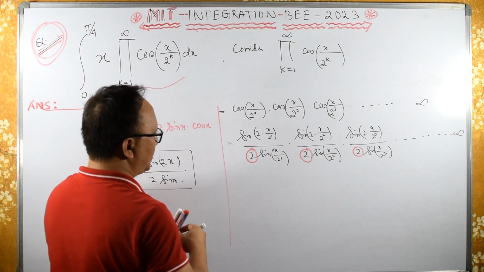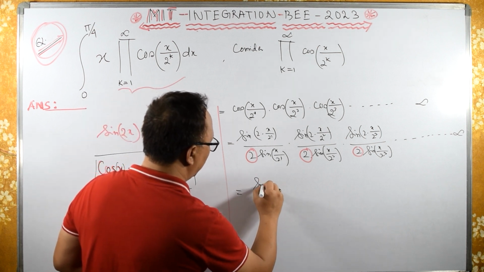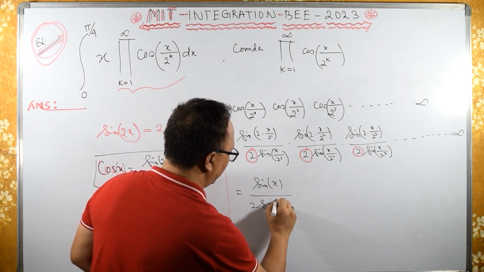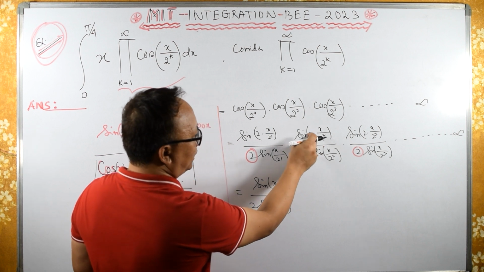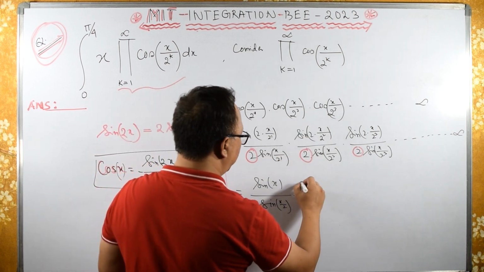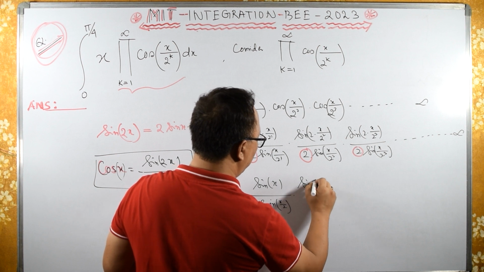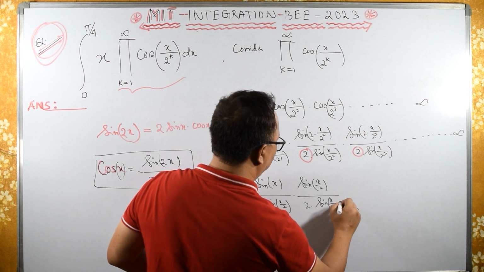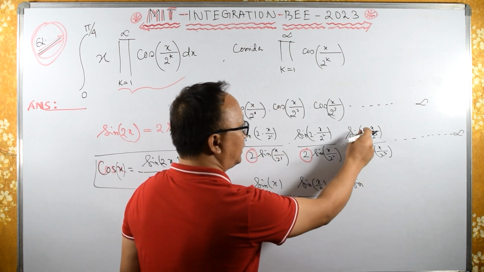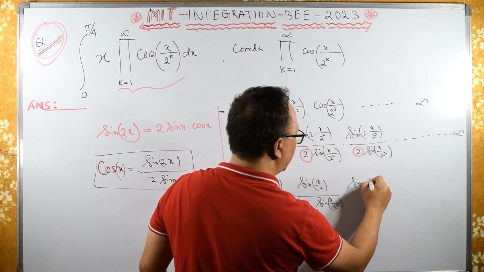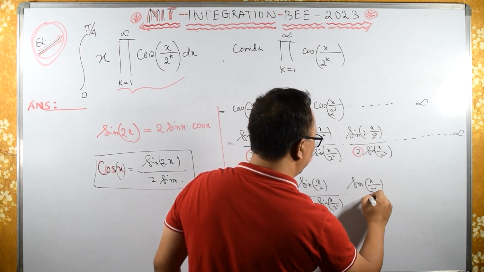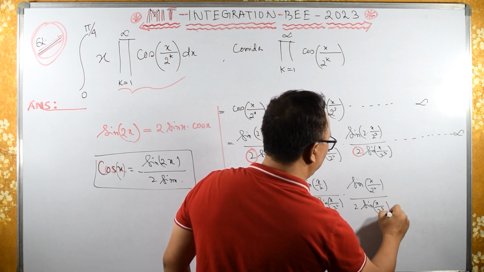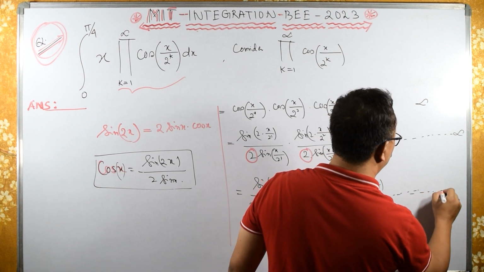So I write one step over here. This is the same as sine of x upon 2 sine of x by 2. Here, these 2 and these 2 get cancelled, if I have sine of x upon 2 square into sine of x upon 2 square upon 2 sine of x upon 2 cube and so on up to infinity.